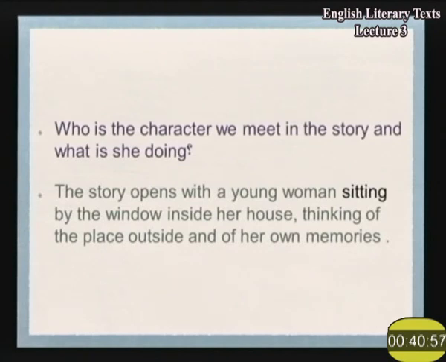The story opens with a young woman sitting by the window inside her house, thinking of the place outside and of her own memories. What we already read in the second paragraph is not just somebody recording what is taking place in front of her eyes. She is also recording what is inside her mind.